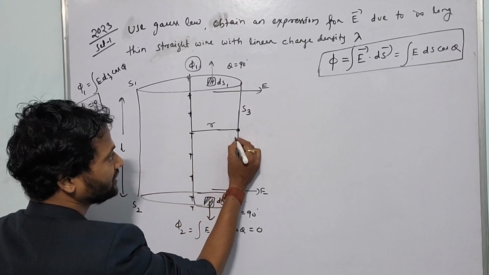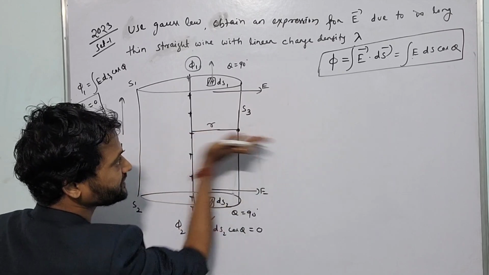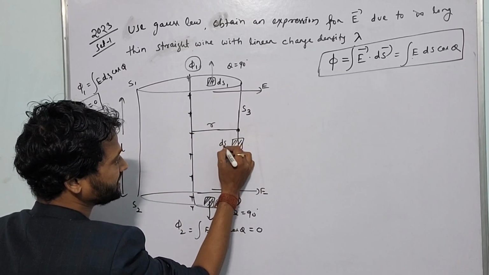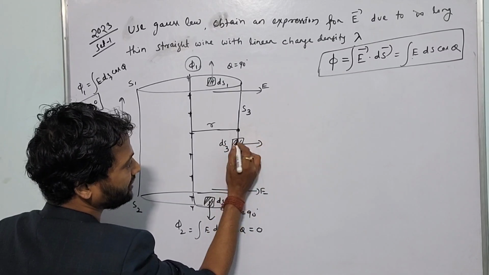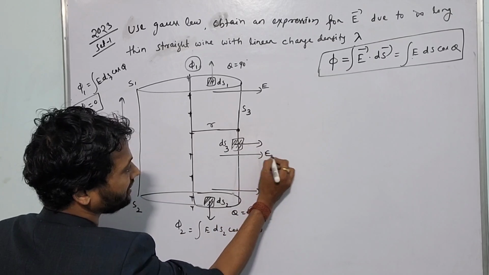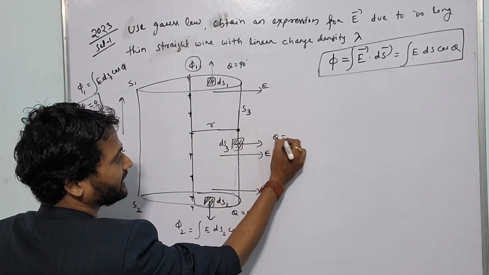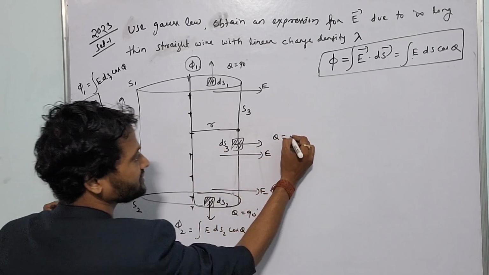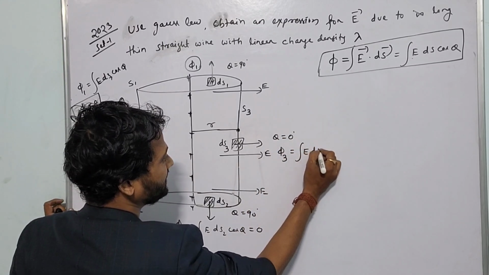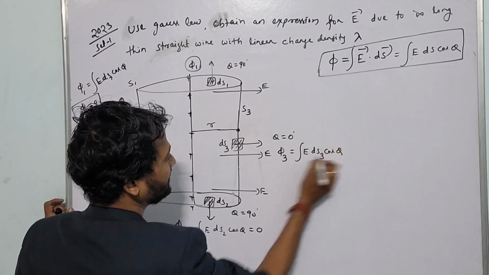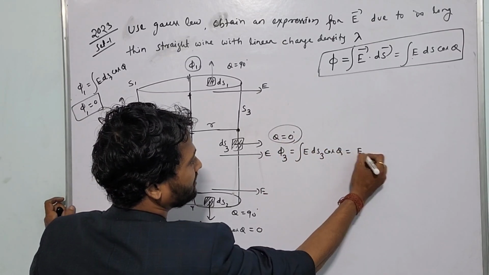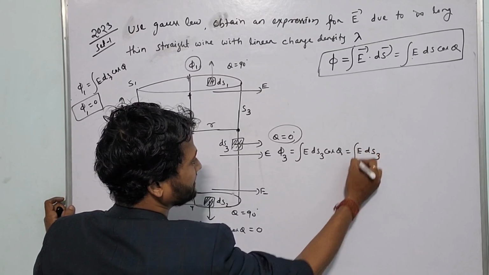Third, to find the flux through the curved surface, we take a small surface of area ds3, and the normal to the surface area is outward, the direction of the electric field is also outward. The angle between the electric field and ds3 is 0 degrees. So what is flux phi 3? Integration of E ds3 cos theta. Since theta is 0, cos 0 is 1, so phi 3 will be equal to the integration of E ds3.